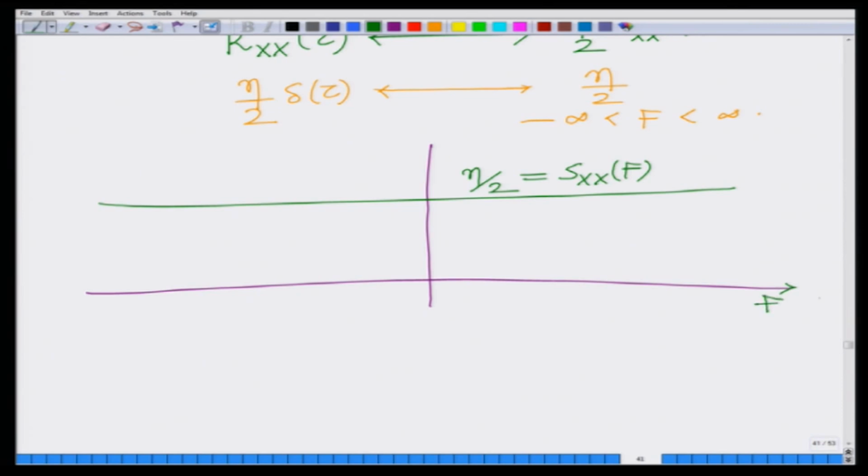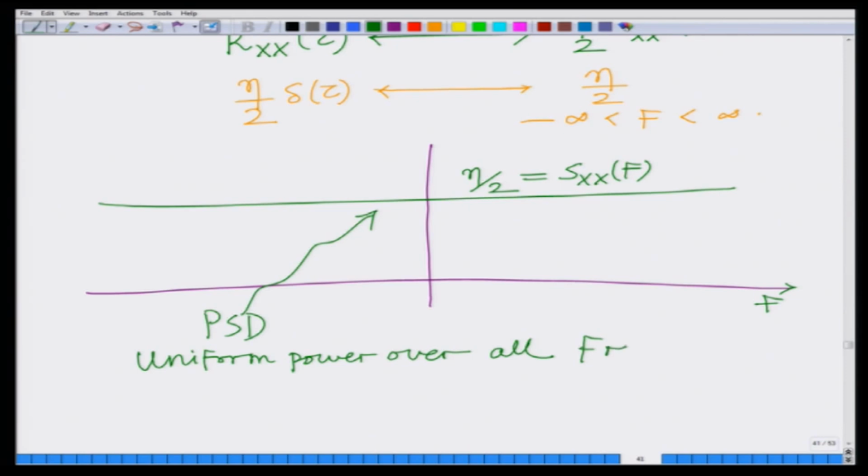This is your frequency axis, this is your PSD, which has uniform power over all frequencies, which is similar to white light, which has uniform power over all the components of the frequency spectrum.